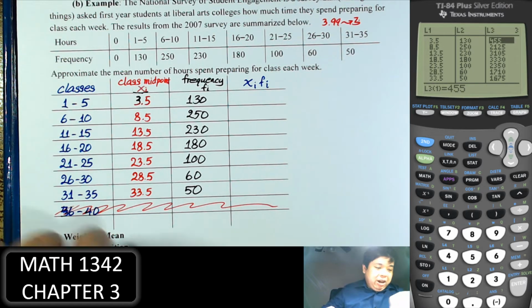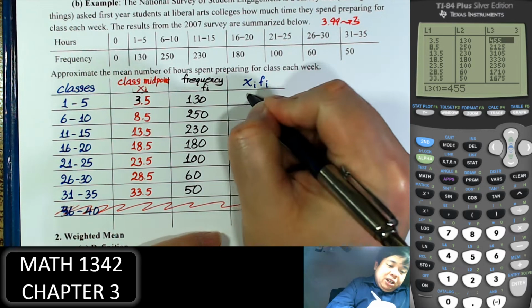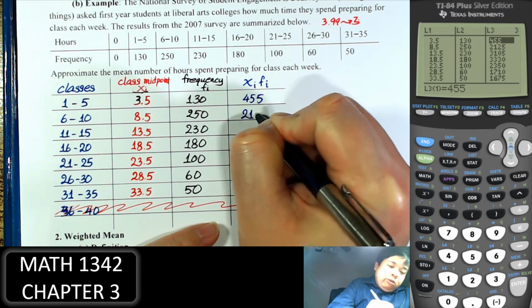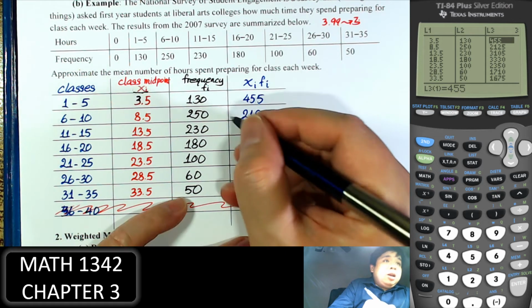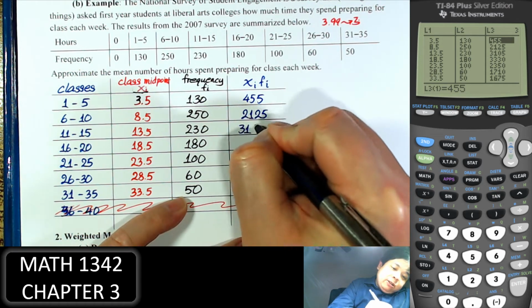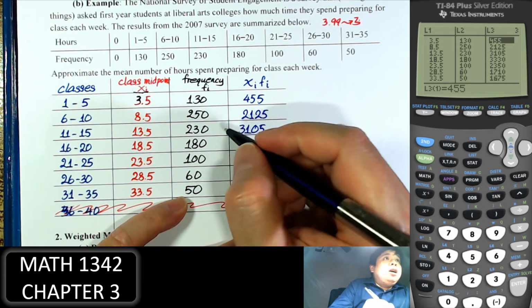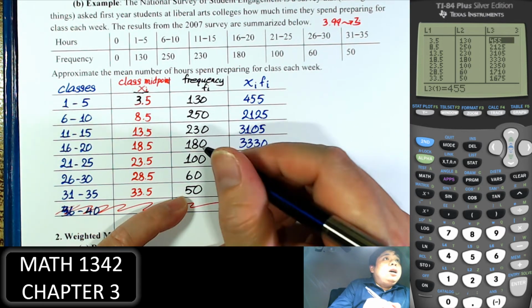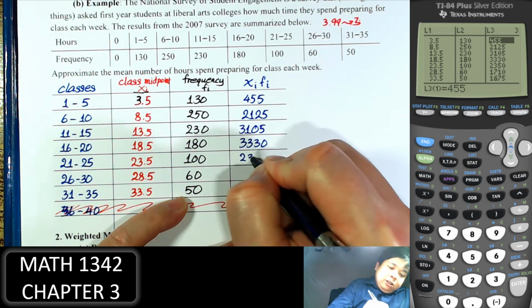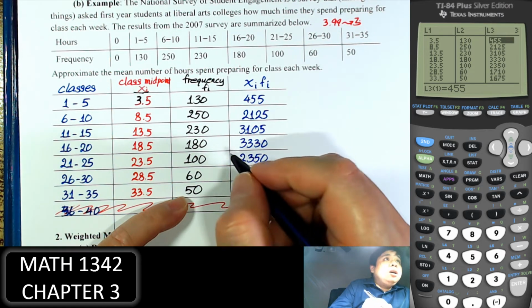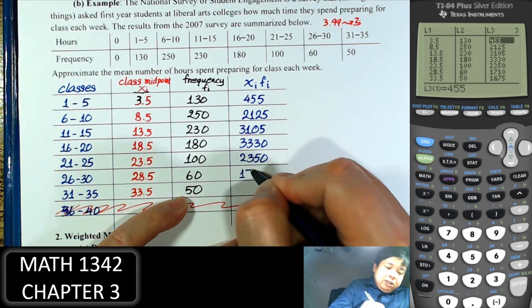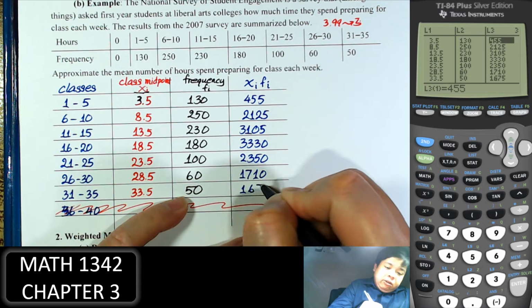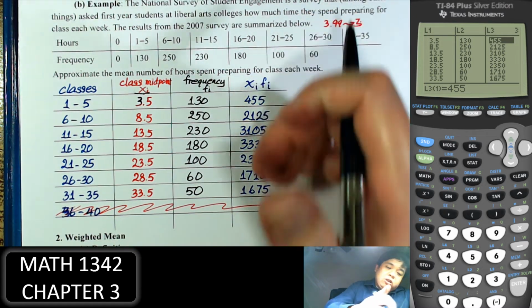Just copy those numbers: 455, 2125, 3105, 3330, 2350, 1710, 1675. Now we're just going to add all this up.